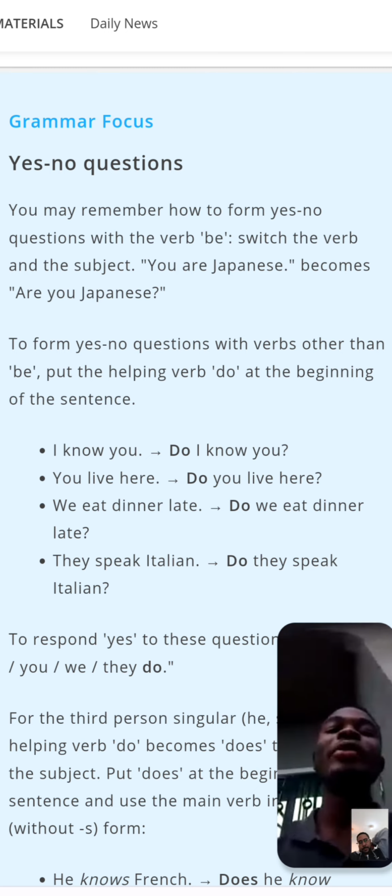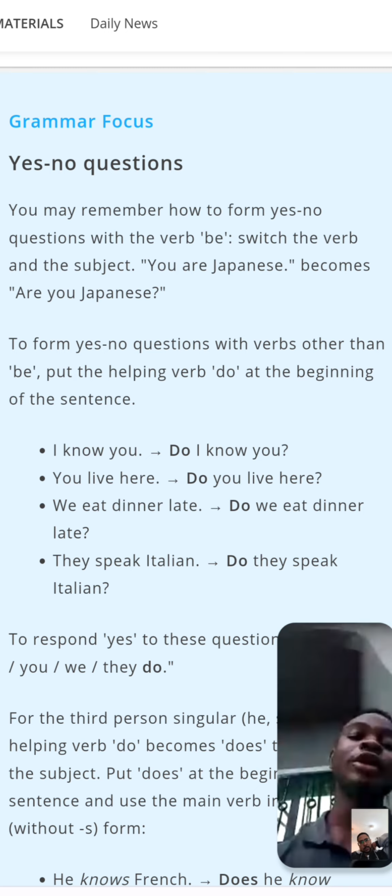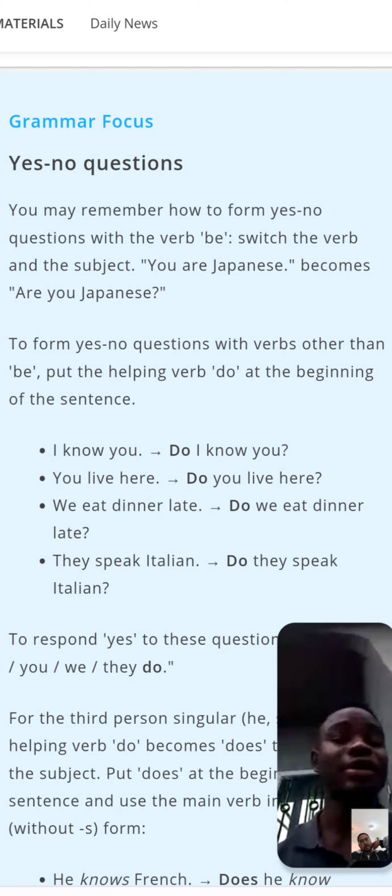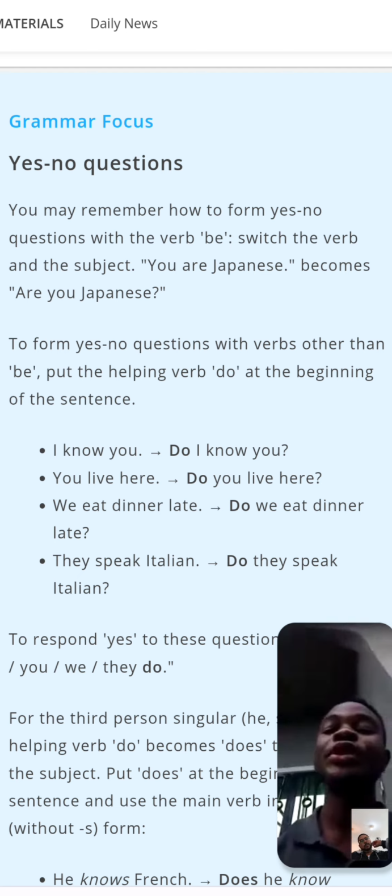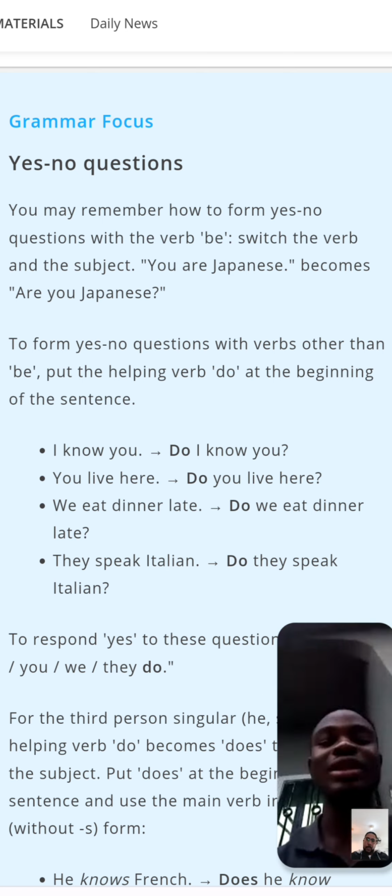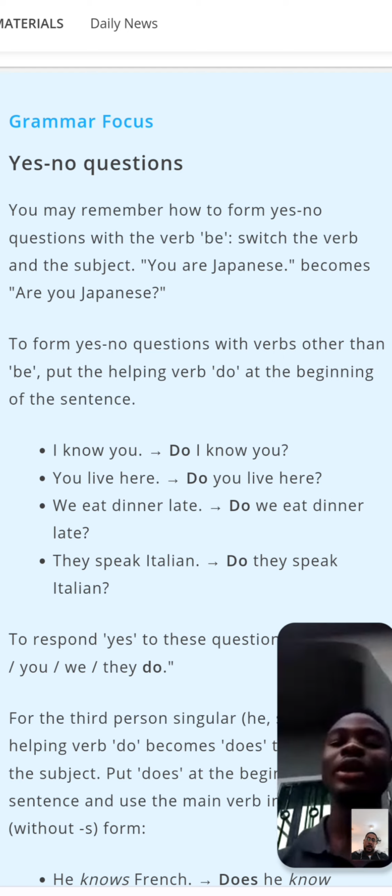Now, you may remember how to form yes-no questions with the verb be. To form a yes-no question with the verb be in the simple present, you simply switch the position of the verb and the subject. For example, if you have a sentence like, you are Japanese, and you want to form a question, the verb there is are, a form of the verb be in the simple present.